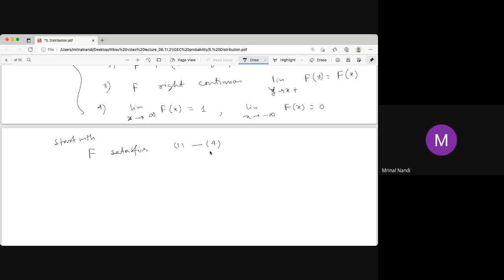Now, what is the other way? The other way is if we start with the f, we can always go back to that random experiment, random variables, all this probability, all this event space, such that it is not just arbitrary. You have to prove that if you start with that random experiment, you will end in that f.